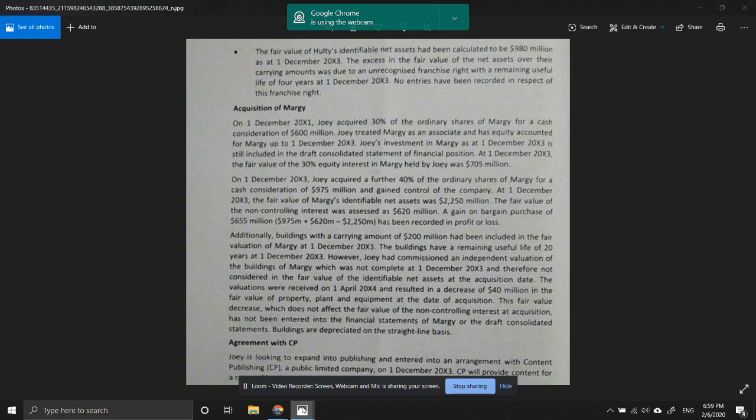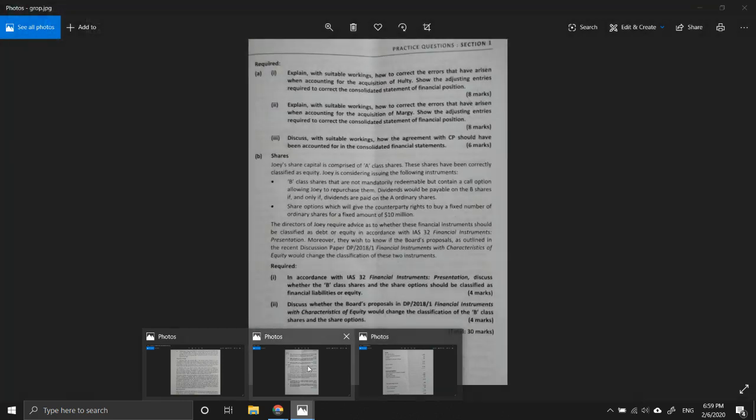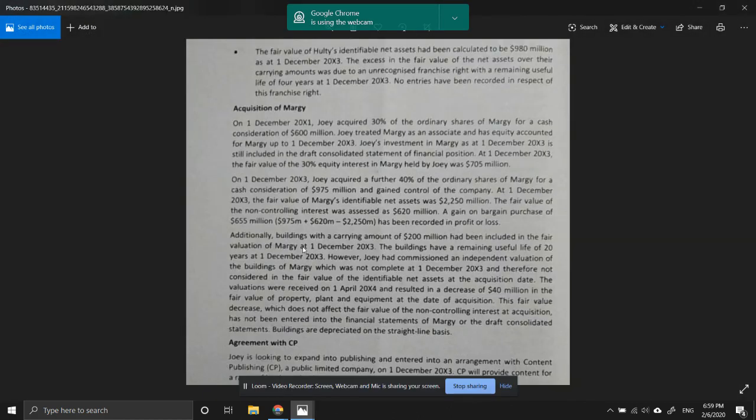So what has been the figure that they have reported in SOFP? 700. That should have been adjusted for dividends and share of profit as well, I guess.